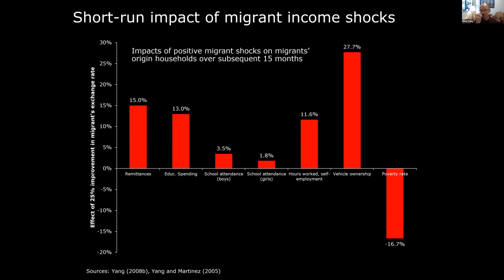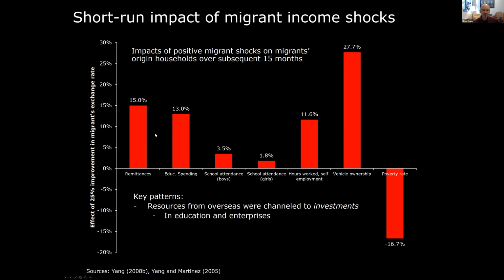To make a long story short, I just wanted to show one graph of what I find in a couple of papers. The vertical axis here shows the effect of a 25% improvement in a migrant's exchange rate on a variety of different outcomes. These are all impacts of these positive migrant shocks on migrants' origin households over the course of a 15-month period.